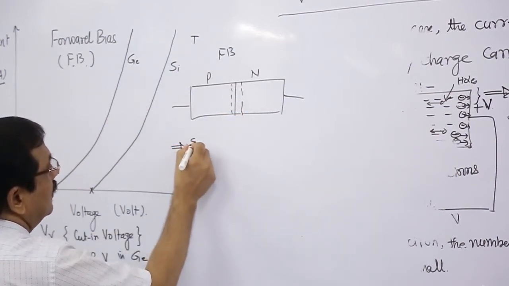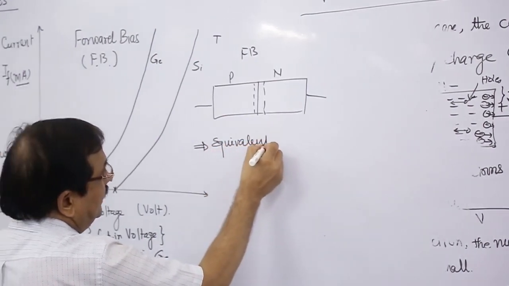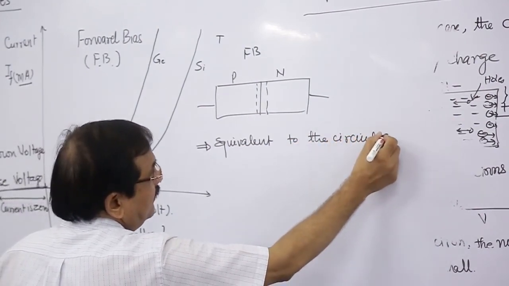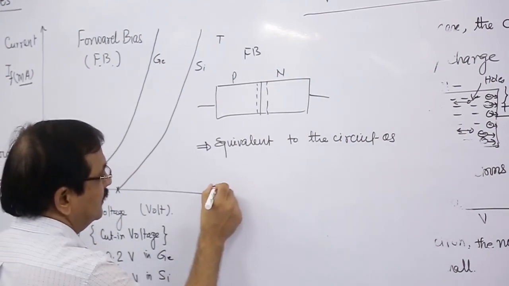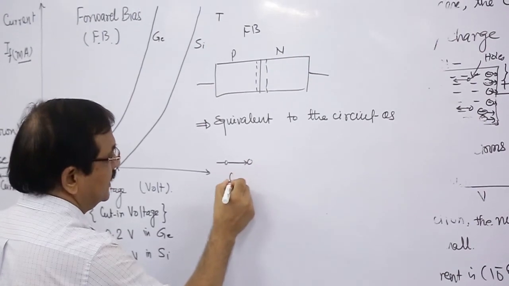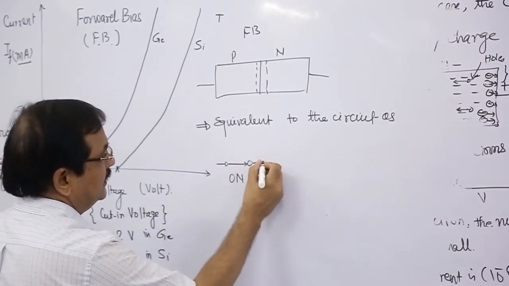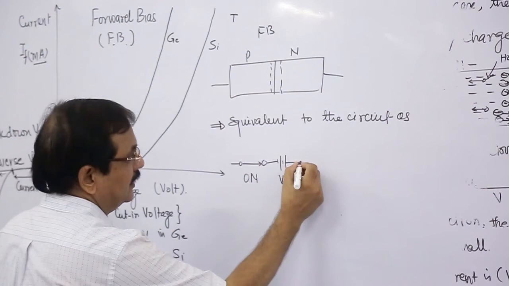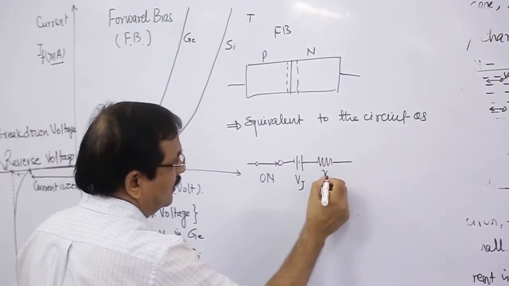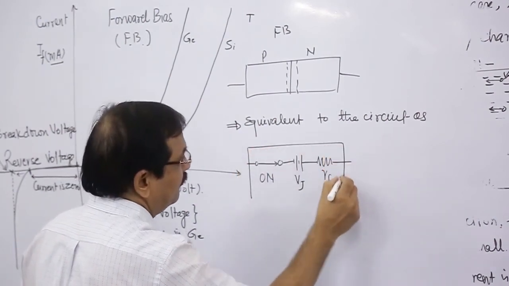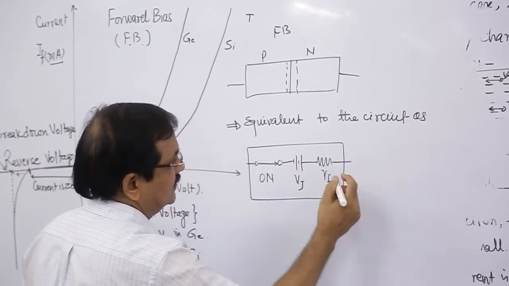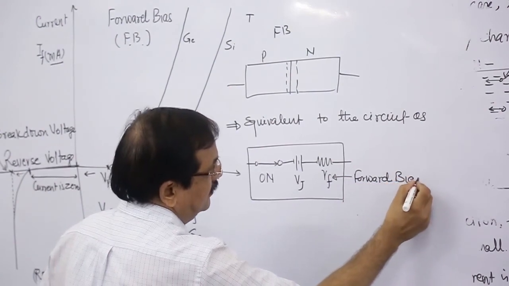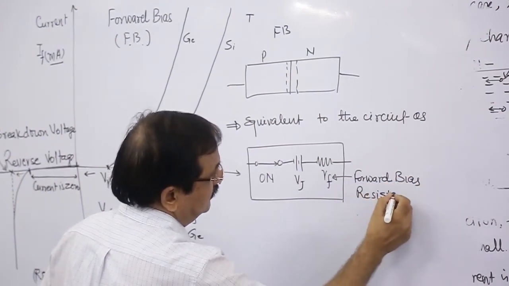The p-n junction is equivalent to the on circuit as this: here it is a cell Vj, the junction cell, and this one is RF. RF is the forward bias resistance.